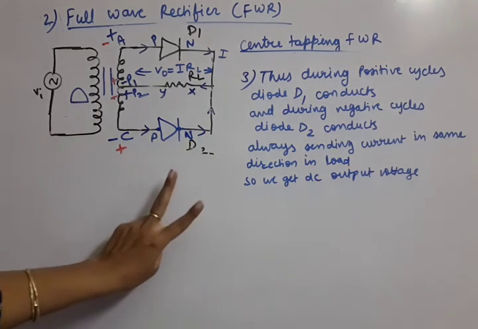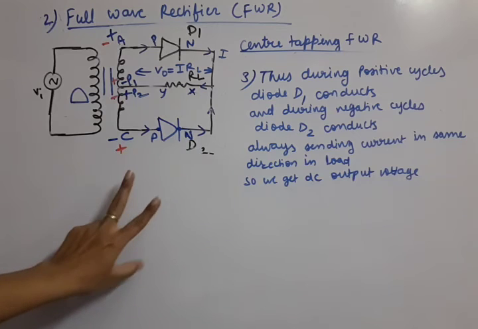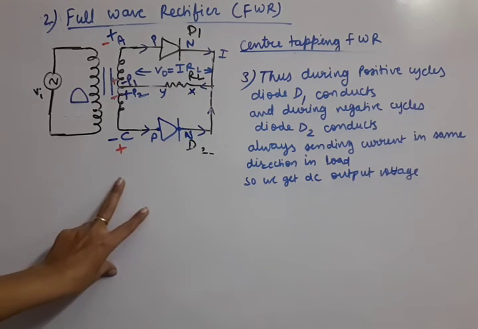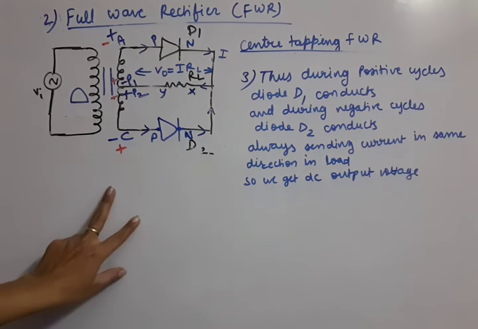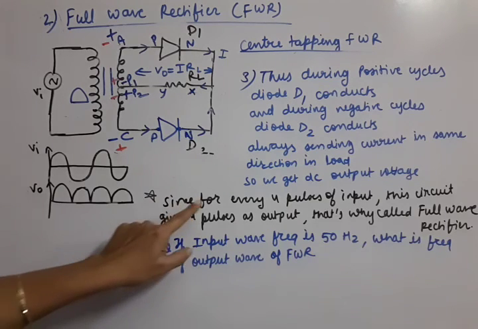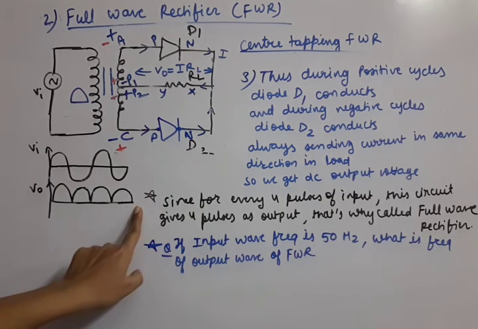Now 2 questions like we did for the half wave rectifier. Again 2 questions here about the frequency and about the name. Let us write. As we have discussed it before also, why it is called full wave rectifier.